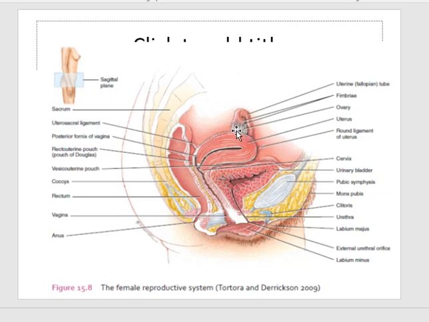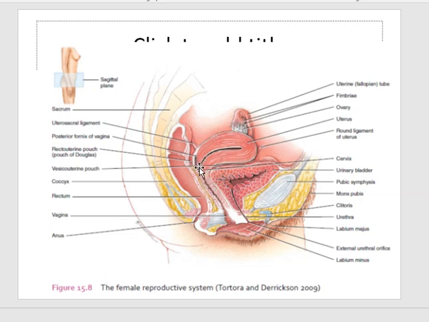Starting from the ovary, this is the ovary, this is the fallopian tube. It connects to the uterus. The uterus is above the urinary bladder. This is the urinary bladder, this is the uterus, and this is the rectum. Between the urinary bladder and the rectum is the uterus.